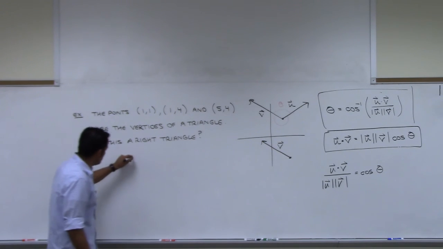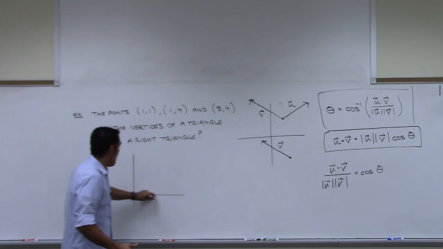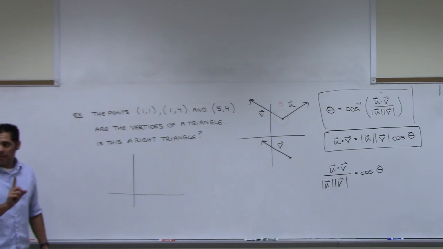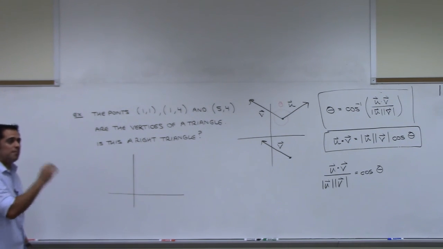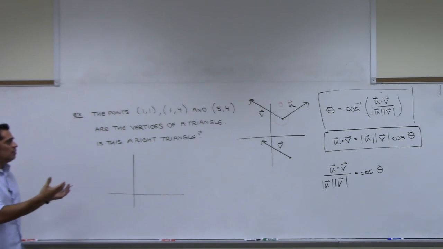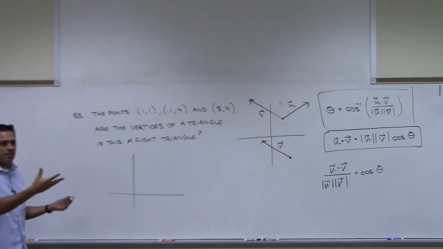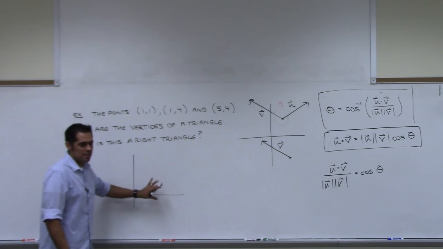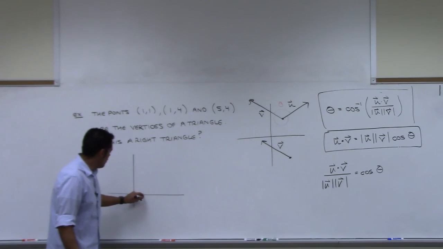Well, here's one thing I can do. I could just plot these points, right? Now, this is the first example I'm giving you, and I wanted to plot the points because I wanted to show you that we'll be able to visually verify our answer. But in general, you won't be able to do this to say yes or no, all right? So the point (1, 1) is here.